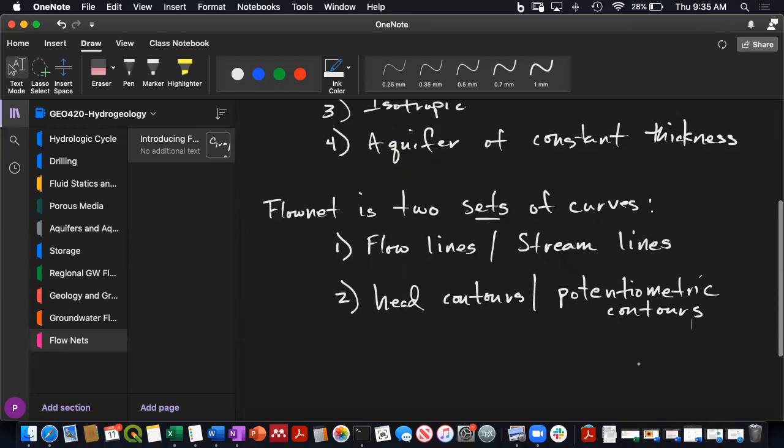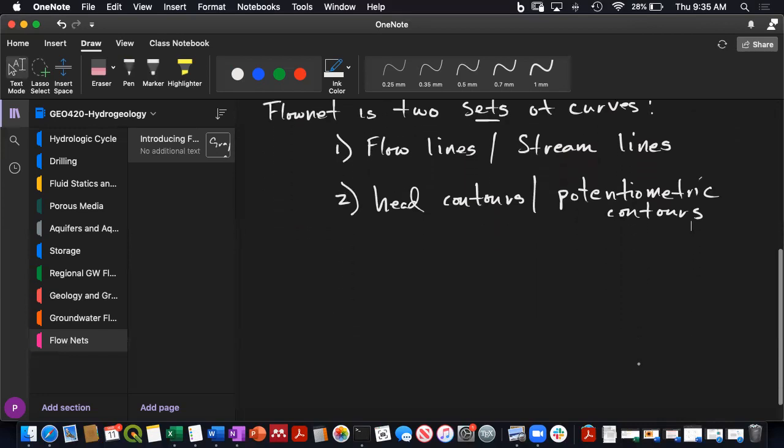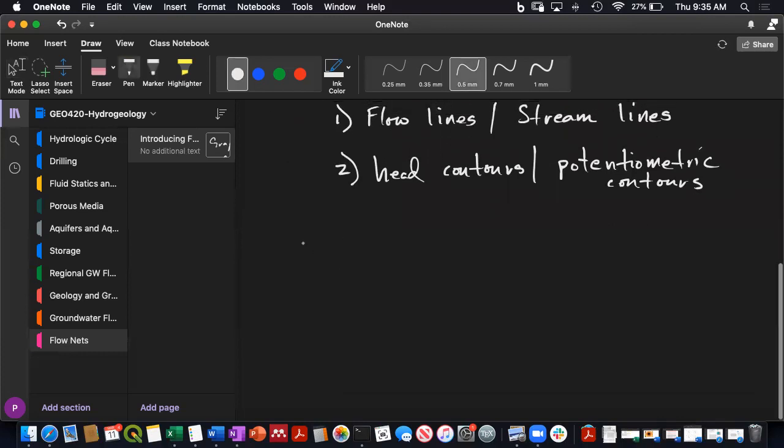And so I'll draw a really simple one, and let's think about this setting. Let's think about groundwater flow, I don't know, in the Hellgate Canyon.